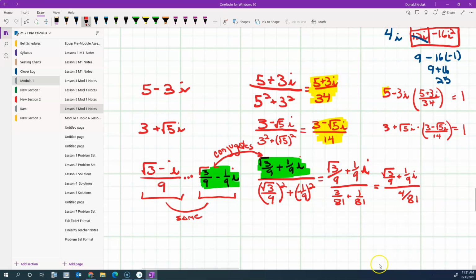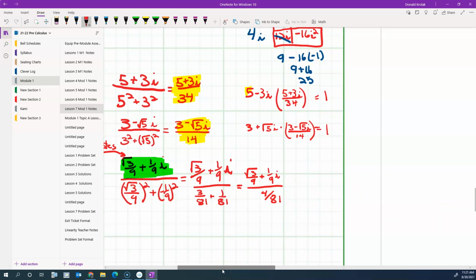Okay, almost there. I'll come down here because I'm running out of space. So when you divide by 4 over 81, guys, that's the same as multiplying by 81 over 4.